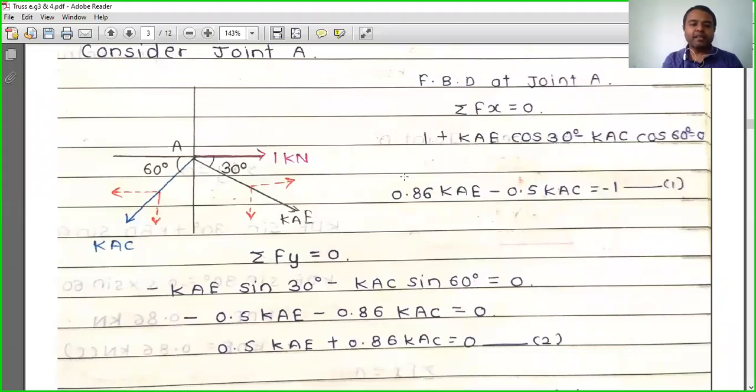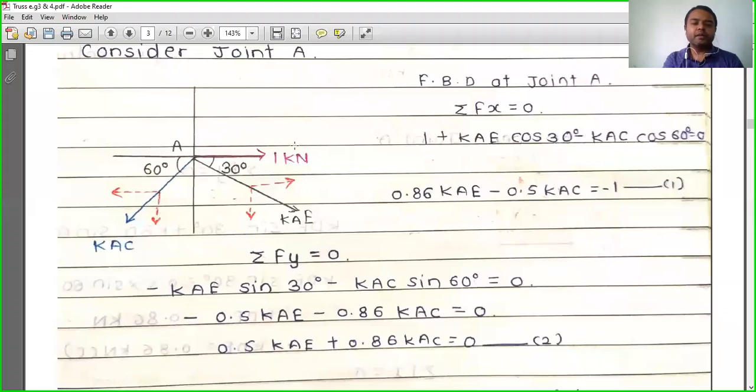Now next, apply summation Fx equal to 0 to this diagram. Again, Fx means all horizontal forces we have to consider. A force going towards the right, take it as positive; going towards the left, take it as negative.